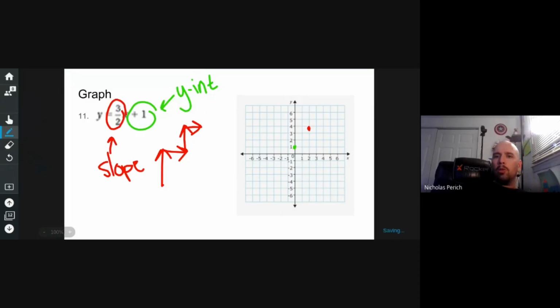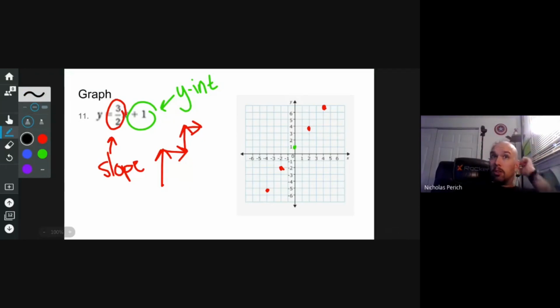Up 1, 2, 3, right 1, 2, boop. Ran out of space. So I could go back to my green dot and go down 1, 2, 3, left 1, 2, boop. Down 1, 2, 3, left 1, 2, boop. Down 1, 2, 3. Uh-oh, ran out of room. That's all right. I have 5 points. That's more than enough.